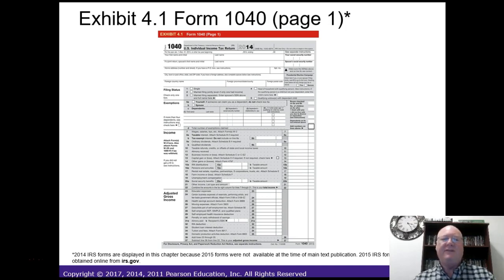For example, let's say your employer asks you to make pizza deliveries, and you are required to use your personal car, and they don't reimburse you for gas or any of those kinds of things.